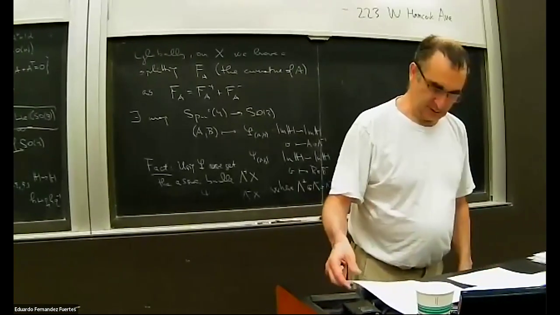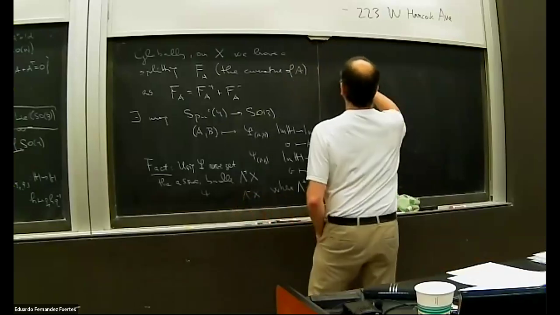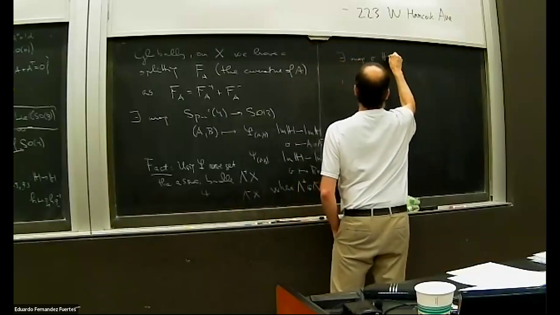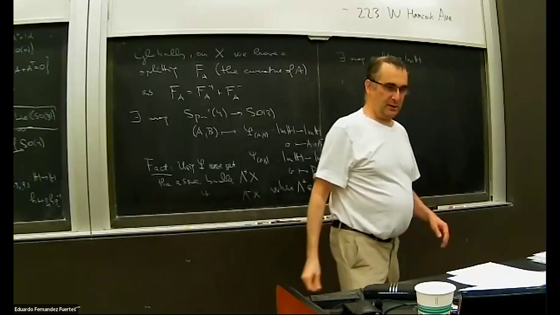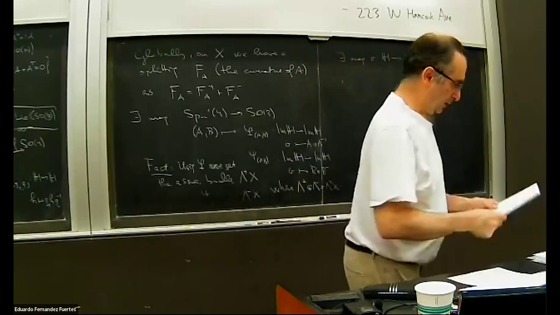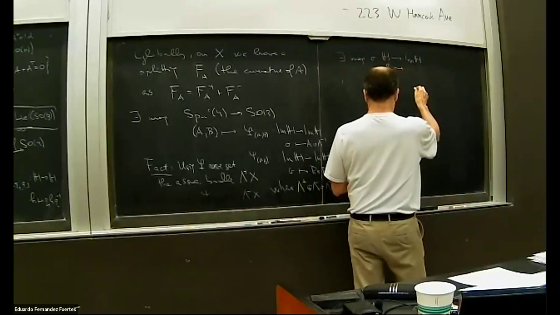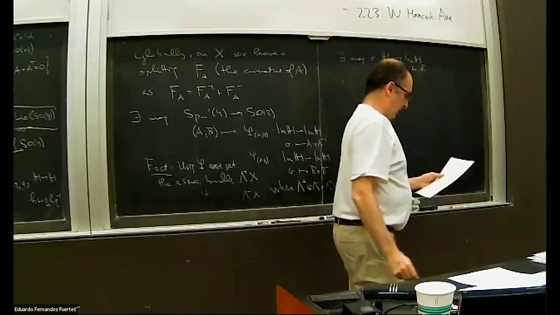And where are we? Yes, there is a map sigma mapping from H to imaginary H, sending quaternion h to minus h i h bar.